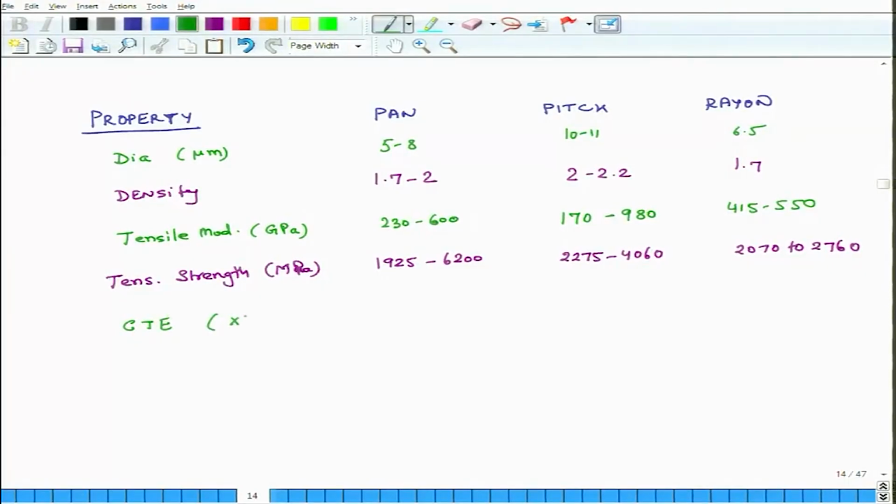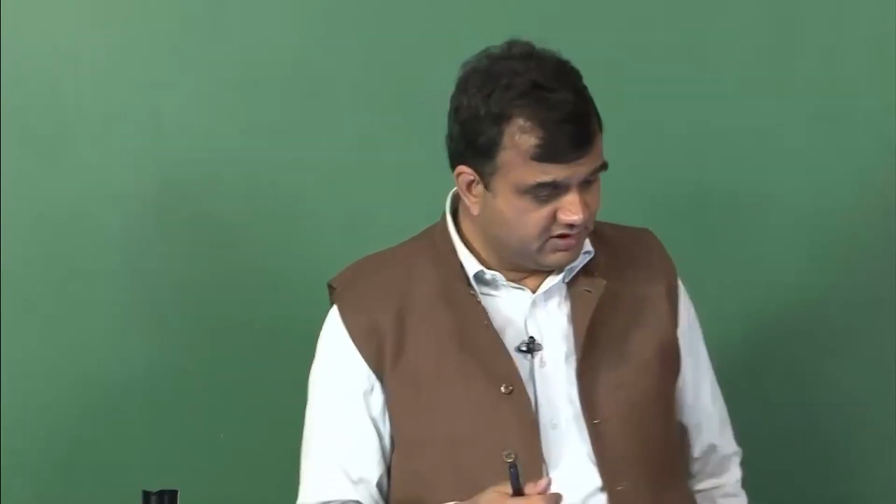This is in 10 to the power of minus 6 per degree centigrade, and this is important to remember. Graphite fibers have a negative coefficient of thermal expansion in the axial direction. So, if you heat up a graphite fiber, it will shrink in length, but it will become fatter.